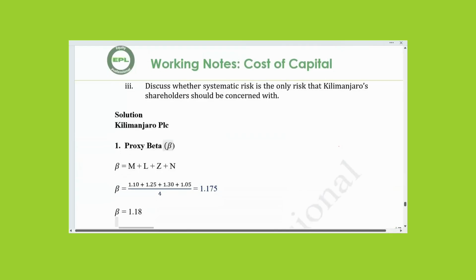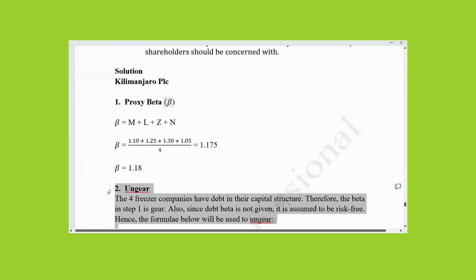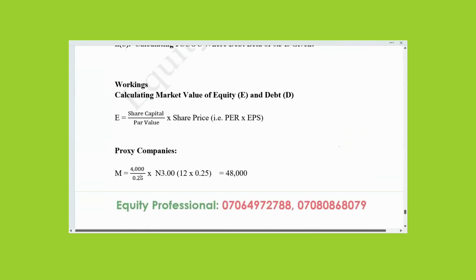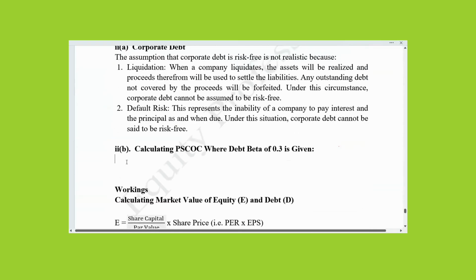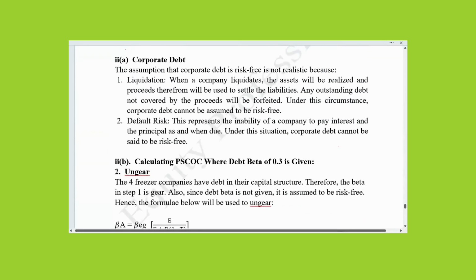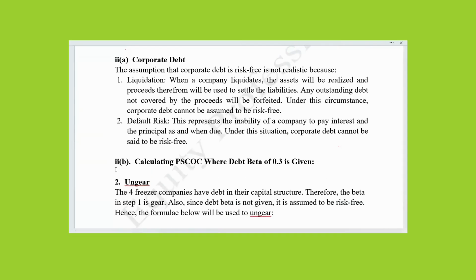I don't need step 1 again. I already know step 1 to be 1.18. So proxy beta remains 1.18.